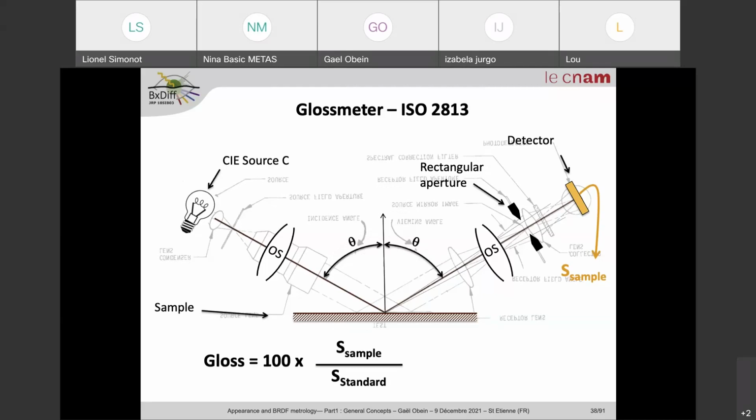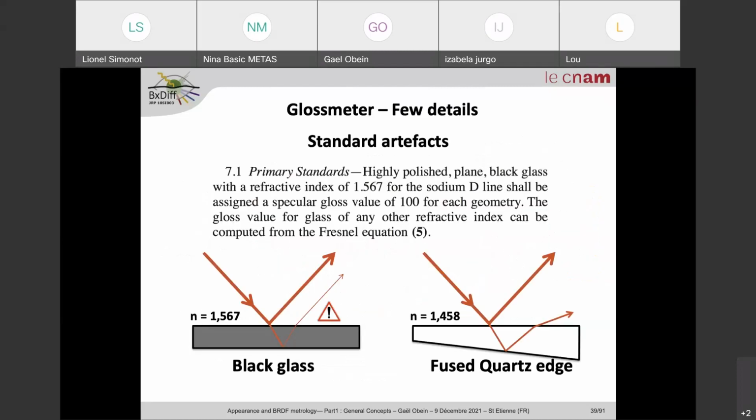And the measurement is expressed as the ratio between the value reflected by the sample and the value reflected by a gloss standard. And the gloss standard is defined as a given material, highly polished, which means perfectly polished maybe, in the hypothesis, plane with a refractive index given by this number, and you have to make it.